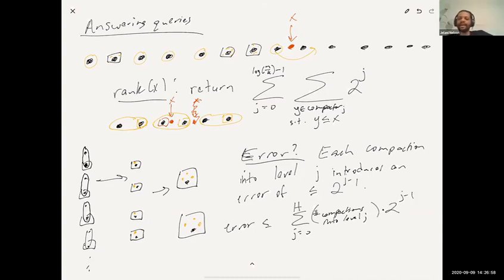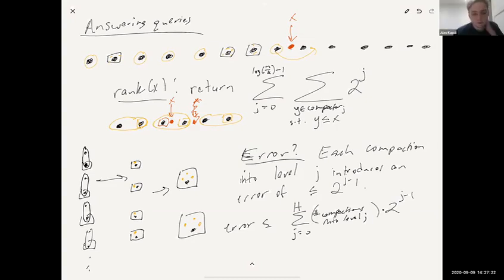Now, looking at the state of the data structure and knowing which things are empty and which are half full, I can infer what n is. How many insertions there have been, and that implies the number of compactions at every level.